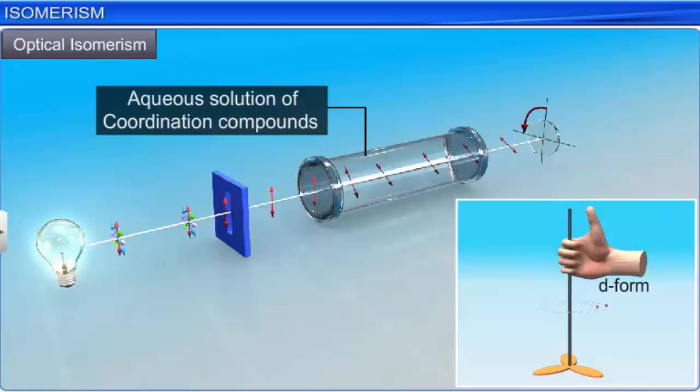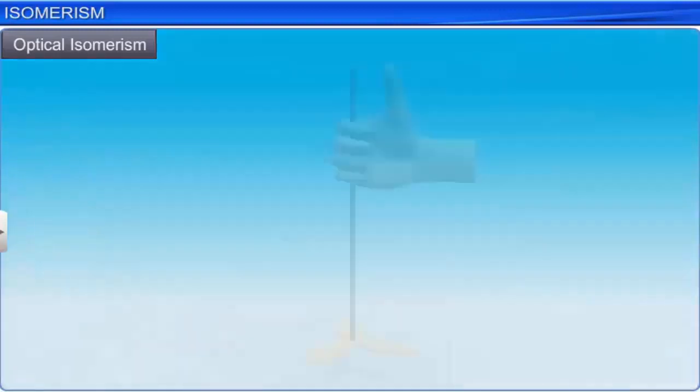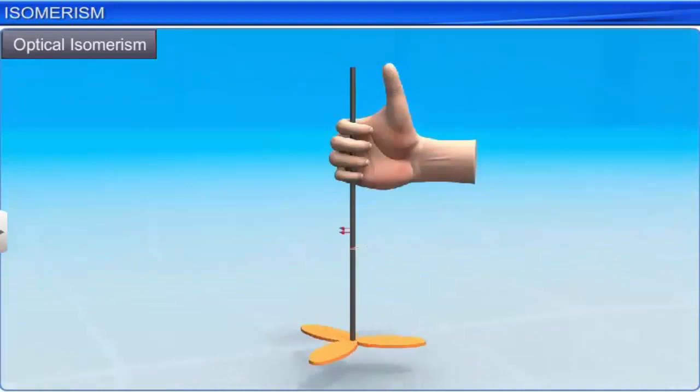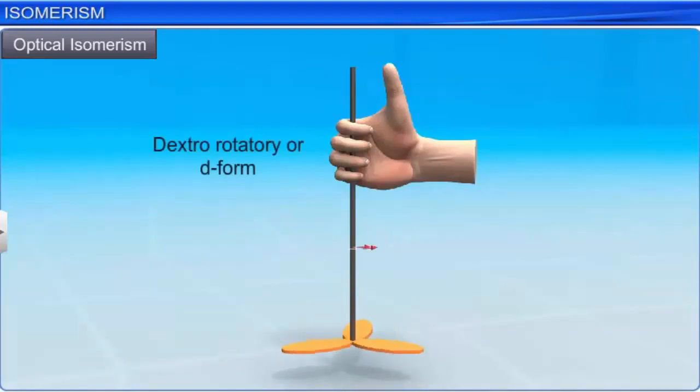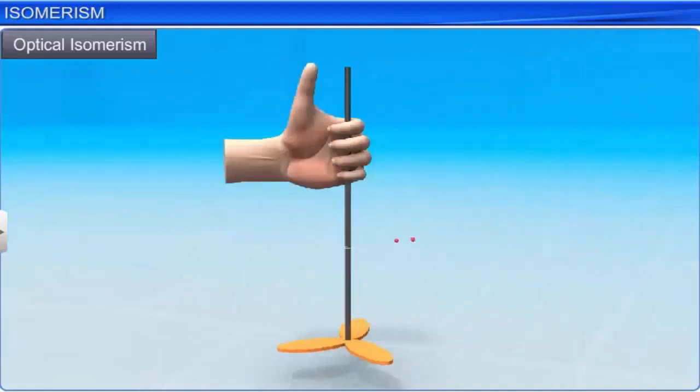Complexes that rotate the plane of polarized light towards the right are said to be dextrorotatory or D-form, while complexes that rotate it towards the left are called levorotatory or L-form.